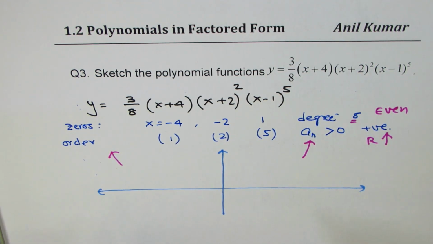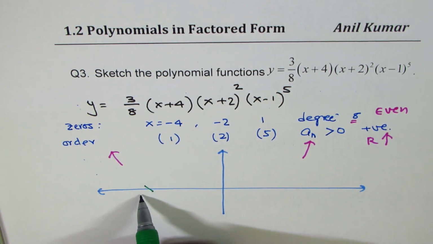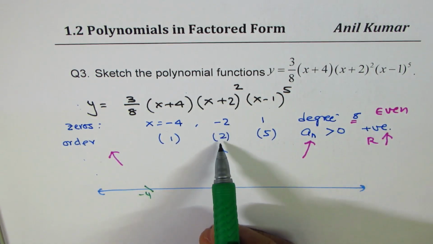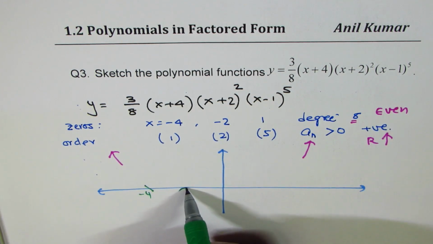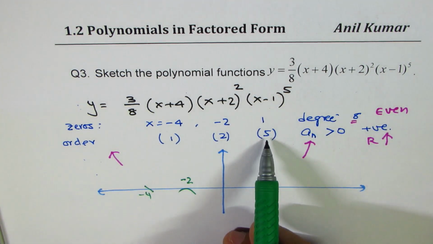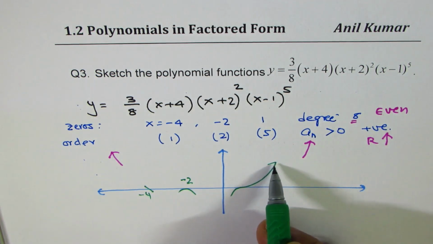Now let's fill up the zeros in between. So we have a linear zero at minus 4. Let's say this is minus 4. The graph will just cross at minus 4, right? At minus 2, it is order 2, so it's going to turn. So let it turn. So this is at minus 2. It turns. And at 1, it is of order 5, so it's going to go like this. Do you see that?